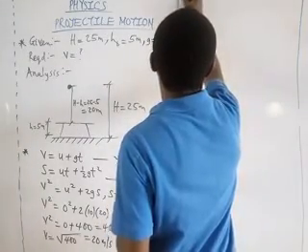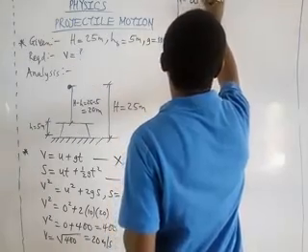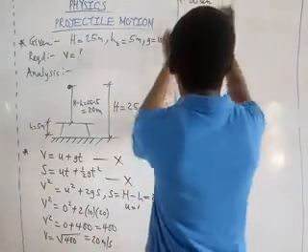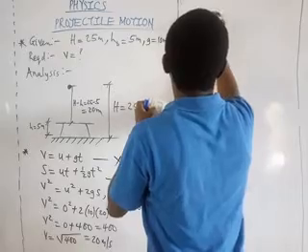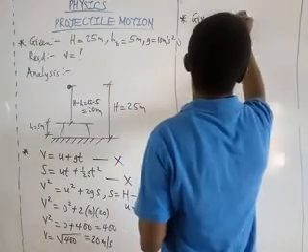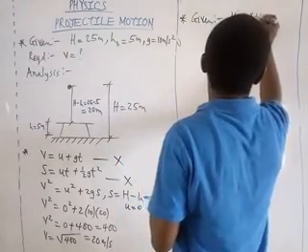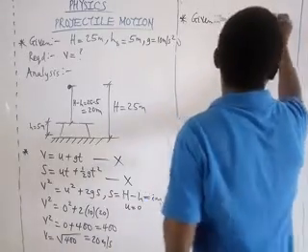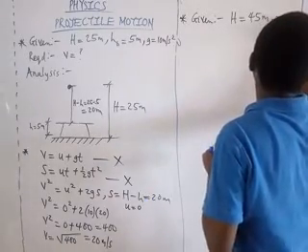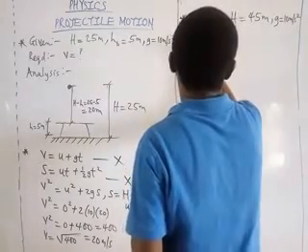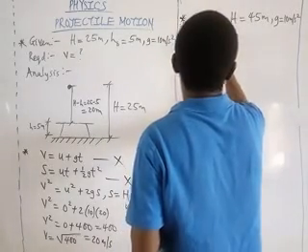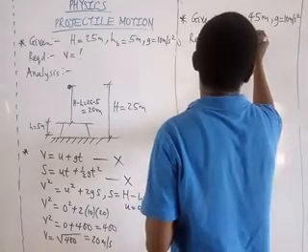So in this example 2, given, we have our h given to be 45 meters, and then we have g 10 meters per second square, and then the question is asking us to look for how long, our t.